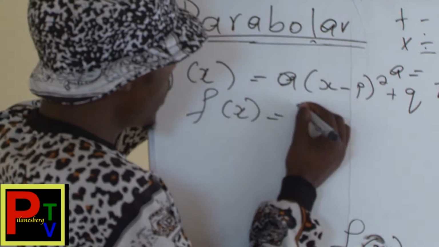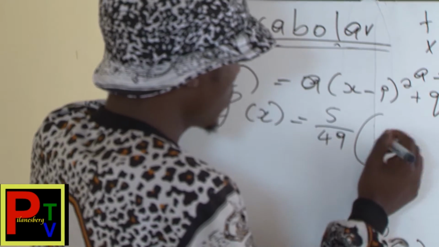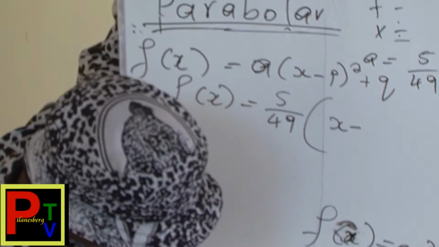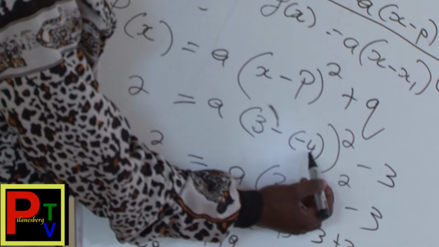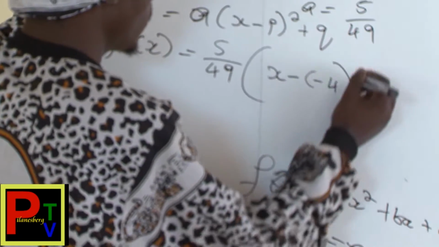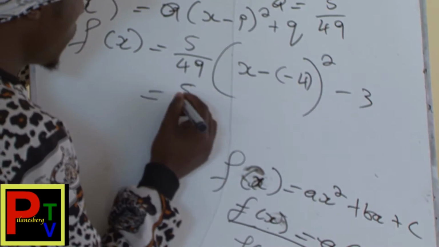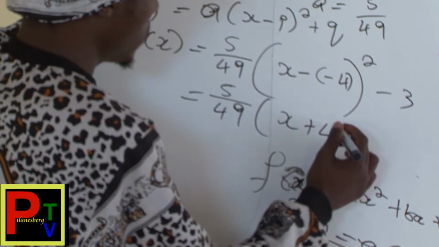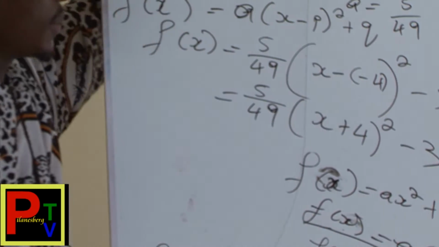Our a is 5 over 49. Our p is negative 4. All squared minus 3. This is 5 over 49 (x plus 4) squared minus 3.